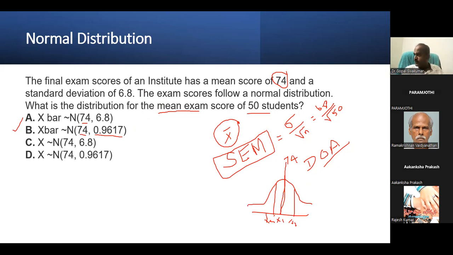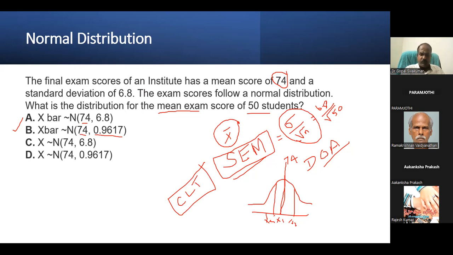And the standard deviation of this distribution will be equal to the standard error of the mean, which can be calculated using sigma by root of n. And this knowledge is called the central limit theorem. What is it called? Central limit theorem. So we have solved this problem with this.